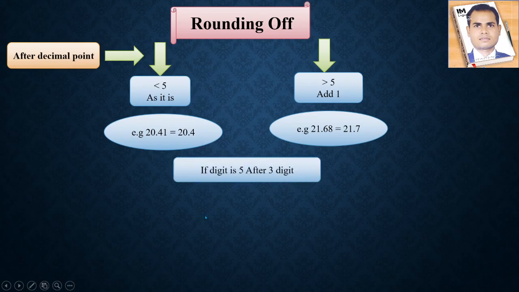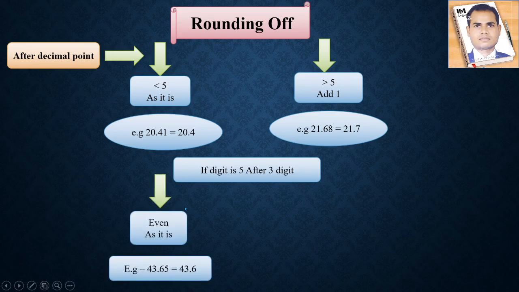Now in the third case, if the digit is 5 after the decimal, what can we do? In this way we can solve it. In the first case, if the value before that is even, see here, an example is given: 43.65.